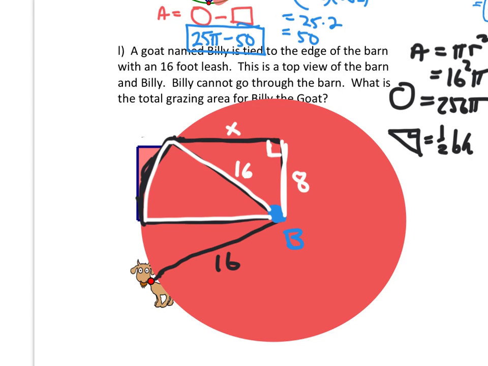Applying the Pythagorean theorem to get that x distance, 8 squared plus x squared equals 16 squared. When I solve for x, I would get 13.8.